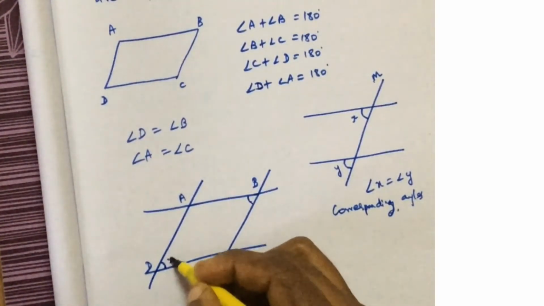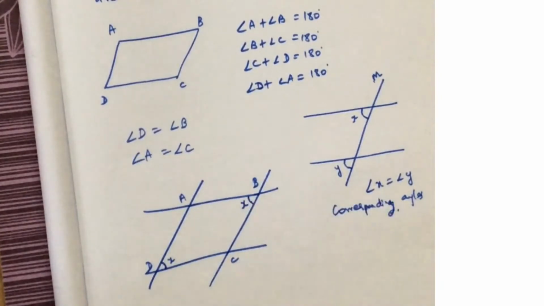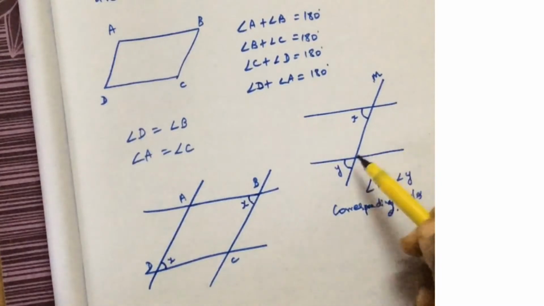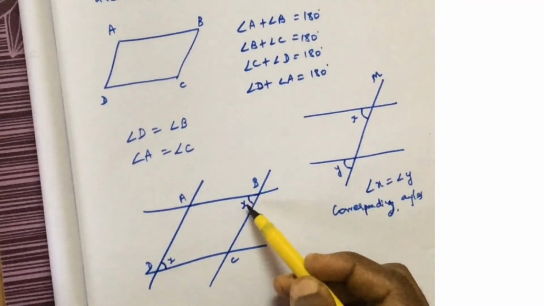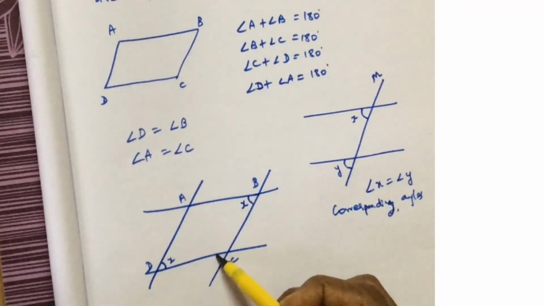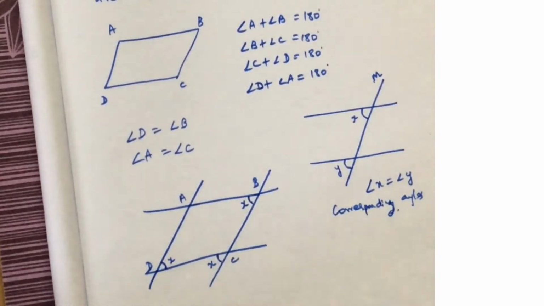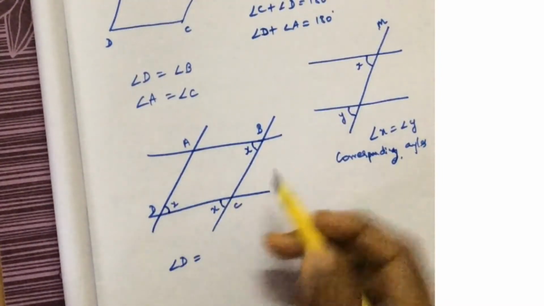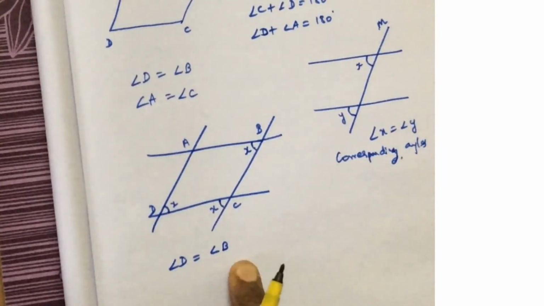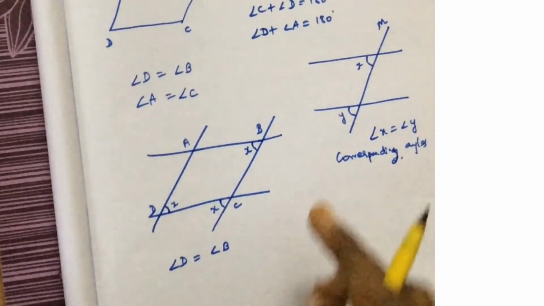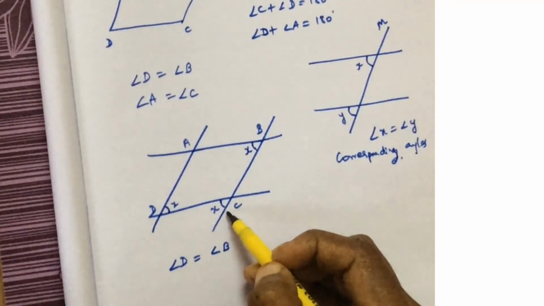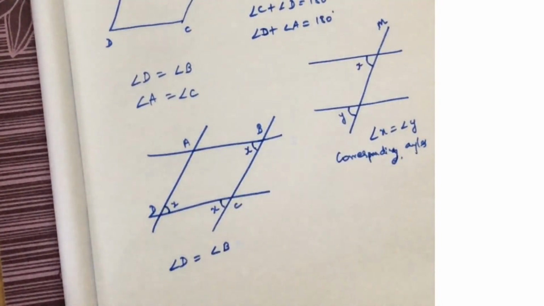Let me name it X. This is equal to X. Another thing we know is that these are corresponding angles, so for this the corresponding angle will come here. This is also X. So what I am saying is angle D is equal to angle B, because they are opposite angles in a parallelogram. So angle B, this angle, is equal to this lower part, because they are corresponding angles.